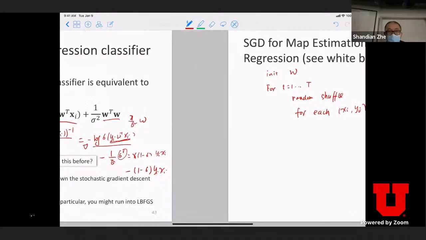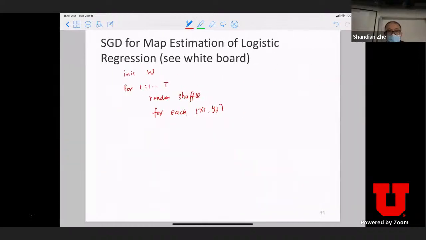Because the full objective is the loss plus some regularization term, once you treat this particular example xi, yi as the whole data set, you need to duplicate it m times.